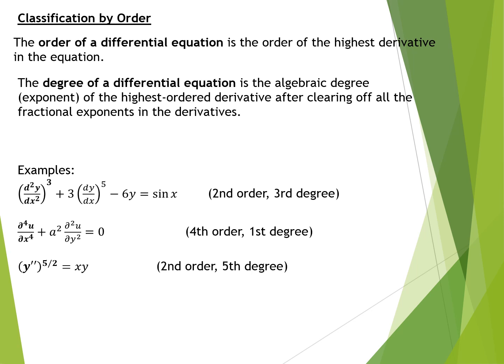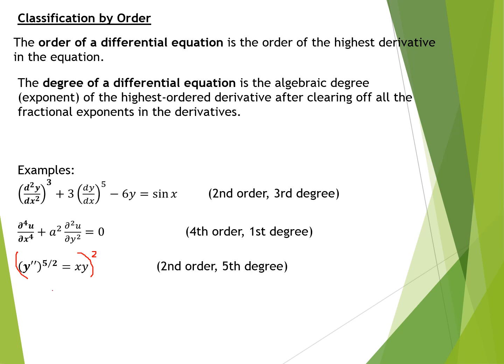Why second order? Because this is y double prime. And why is this fifth degree? You have to raise this to the second power to remove that exponent there.